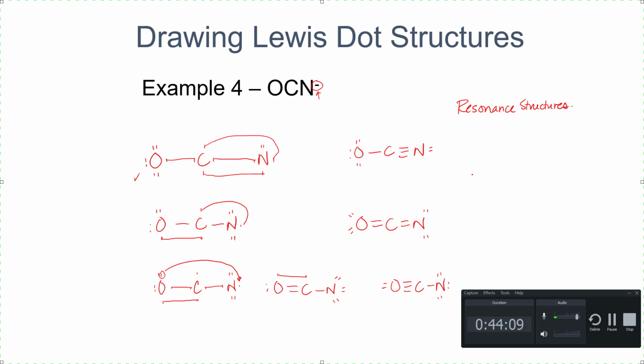And the question is, what is a resonance structure? Resonance structures are these representations that differ by the placement of 2 things. They differ by the placement of lone pairs, and they also differ in the multiple bonds.